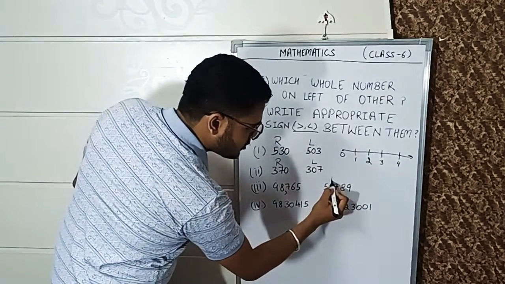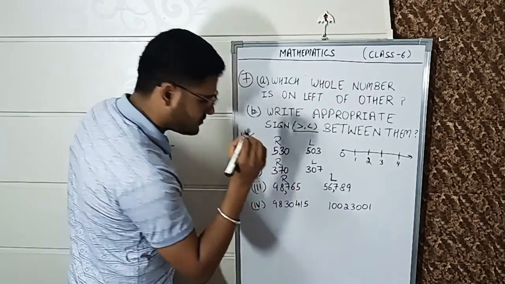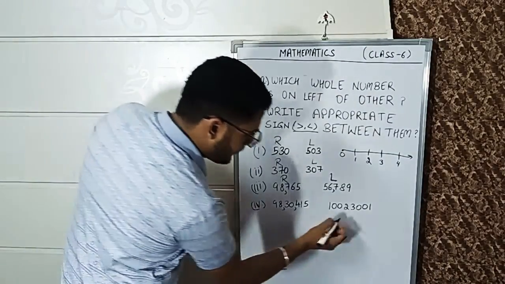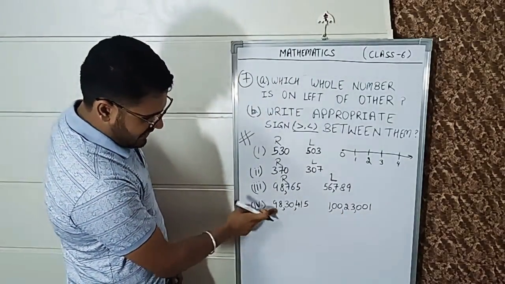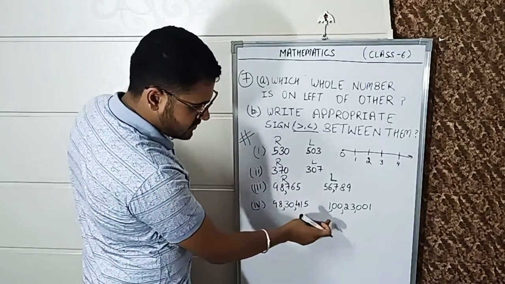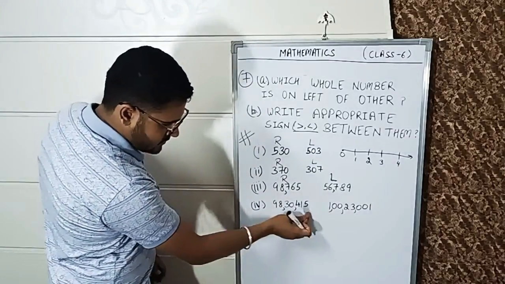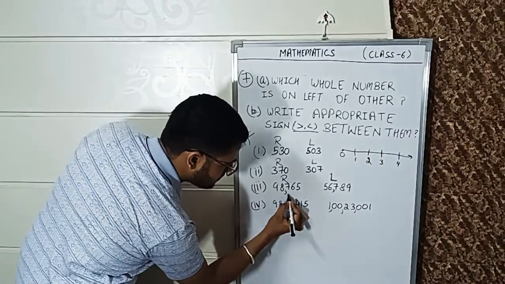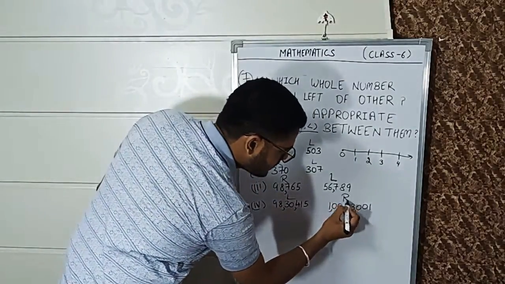The smaller number will be on the left and the other number on the right. Let's come to the next example. The first number is 98,30,415. The other is 1,23,001. Which one is smaller? 98 lakh is smaller. So the smaller number will be on the left and the other one on the right.